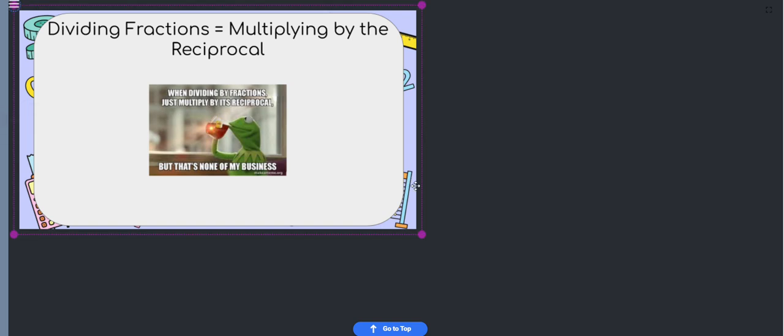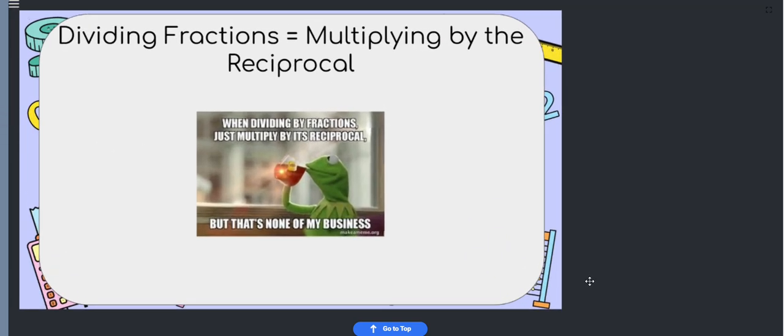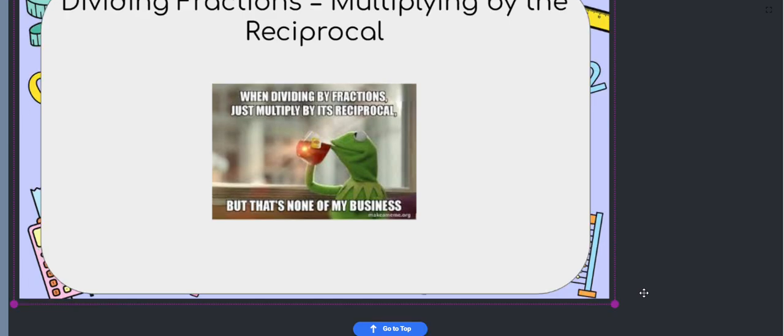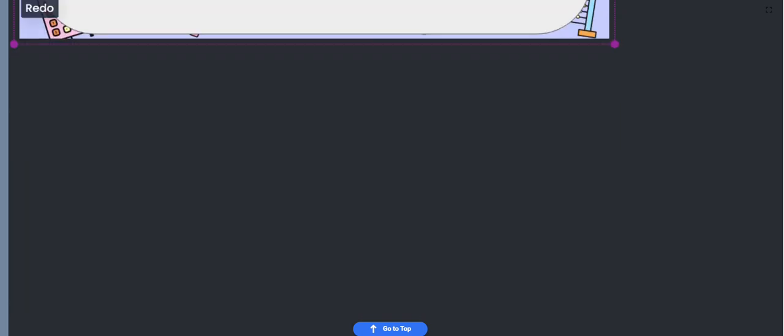So when we divide fractions, we will simply multiply by its reciprocal. I'm just going to show you one example today. We will focus on doing this tomorrow, but just so you have an idea. Let's say 2/3 divided by 1/2.